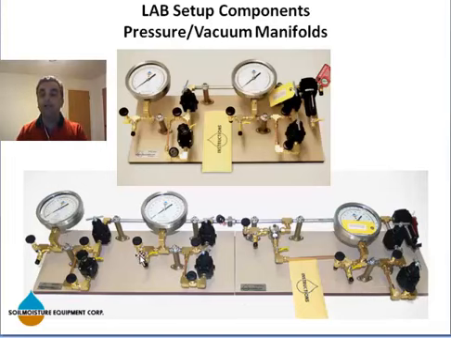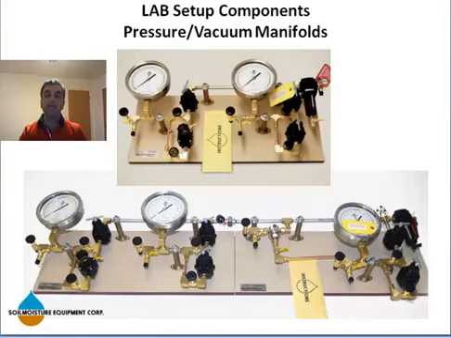Linking manifolds together makes them more convenient to use. You just have one input that goes right to the compressor, and then it feeds all the stations. Basically, you can order a station separately, but oftentimes people prefer to have them as a combined manifold.